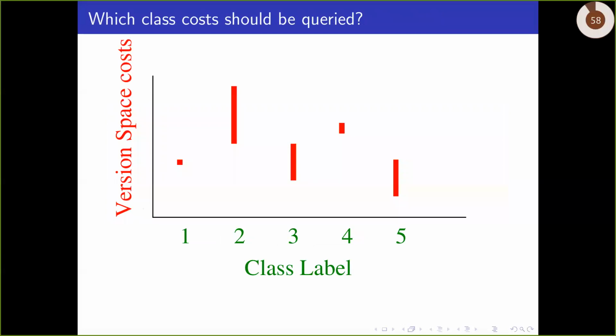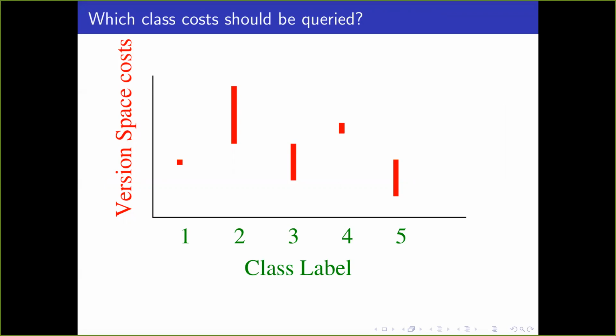Okay, so let's think about a set of costs. We have an individual example, and we have a set of different predictors of costs which have not yet been ruled out. So we're thinking about essentially a version space.